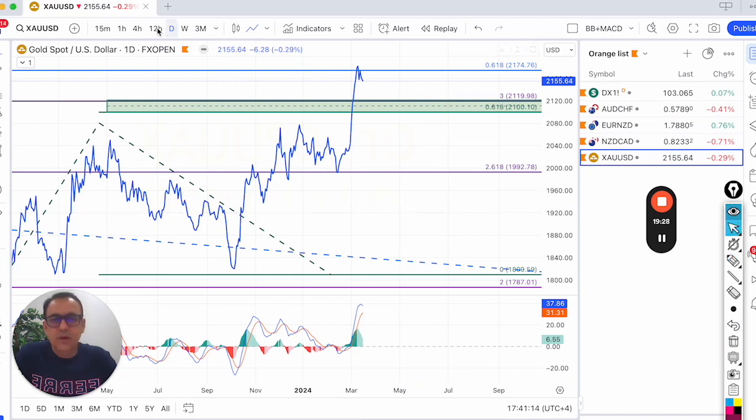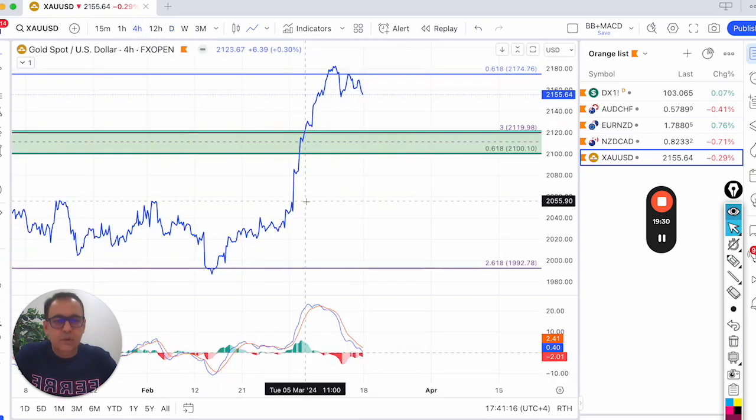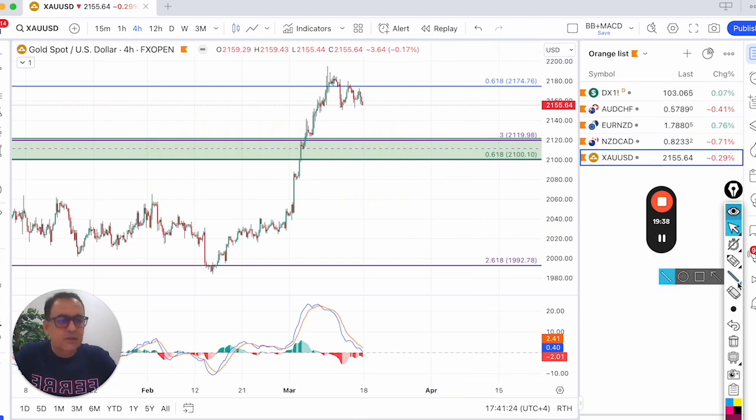I'm moving to 4-hourly chart. On 4-hourly chart, yes, I can see some weakness on the charts. MACD is looking bearish to me. So here we got the break above 2174, but it was not a sustainable breakout. Immediately we got the correction below 2174.75, a perfect retest of 2175, and now continuation to the downside.